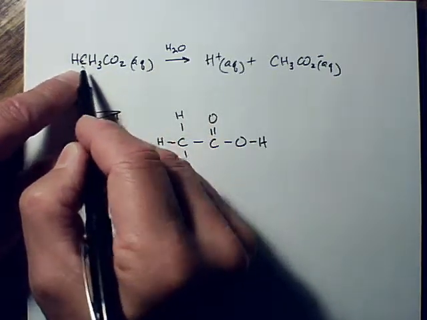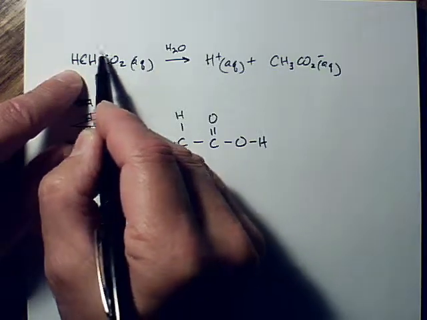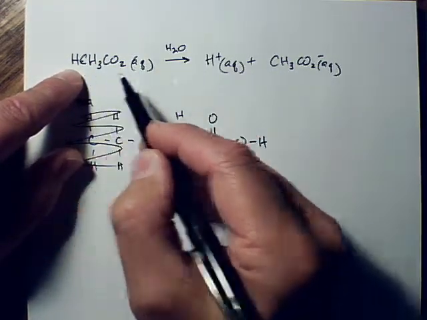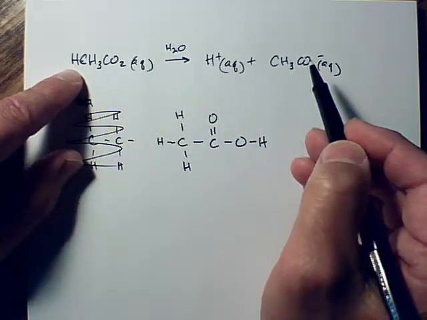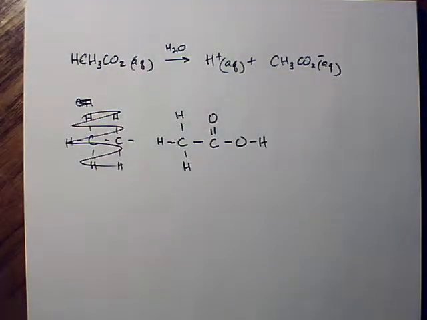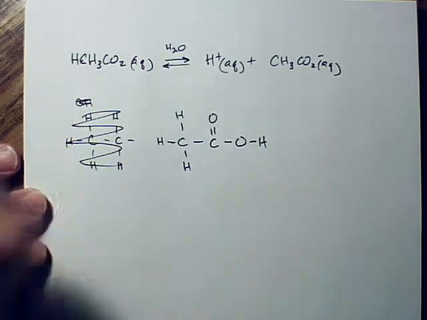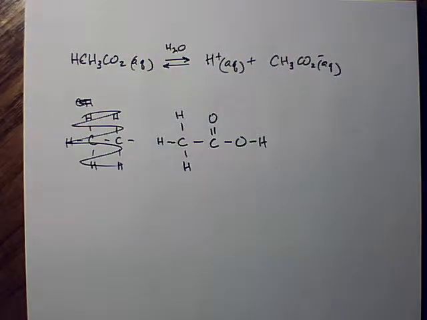What happens in reality is that those that actually break up, even more of them continue to break up. But the reason why in the solution you only have a small number broken up is that these are also reforming the original stuff. So this thing is going around and around in a circle.